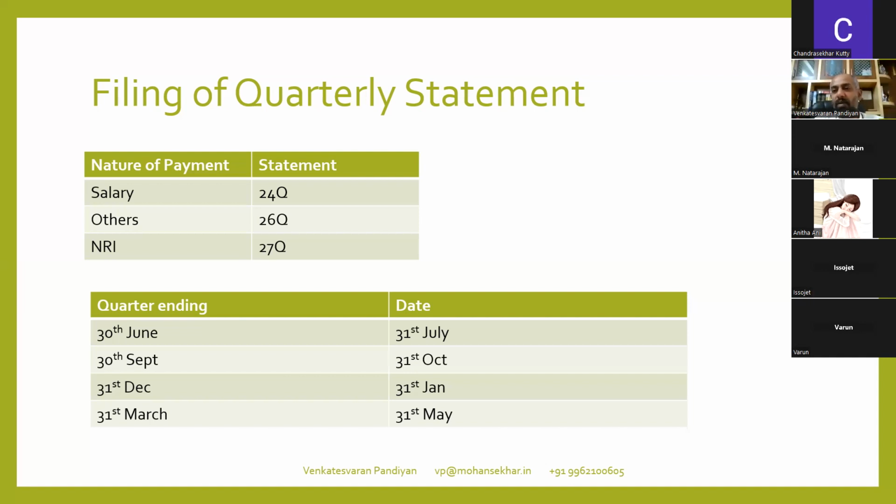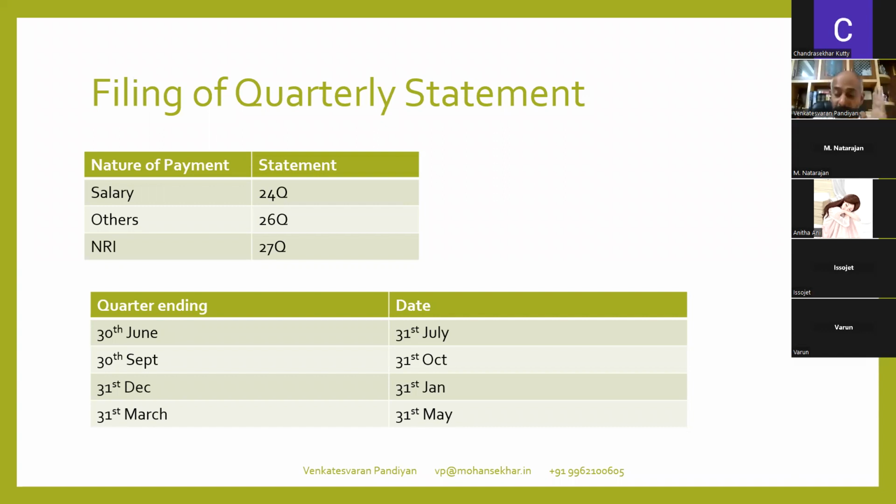TDS is payable on provisions as well, because it becomes a credit to the party. Payment or credit, whichever is earlier. So by virtue of you making a provision, say for rent payable, interest payable, or for that matter consultancy charges payable on 31st of March, remember, tax has to be deducted on that amount and paid.